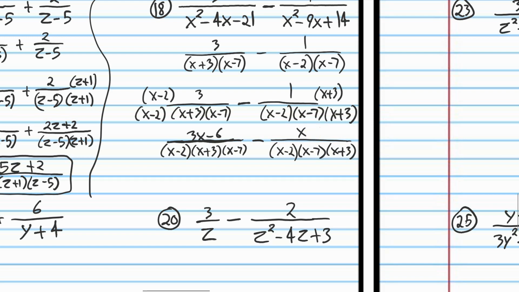Because we're subtracting this fraction, you would have to change this x to a negative x because it's positive x right now, and this negative 3 you'd have to change to a positive because you're subtracting. So you'd have negative x plus 3, and you'd get rid of this negative sign and it becomes a positive sign. So just be aware of that, but that's not negative 3, that's positive 3.